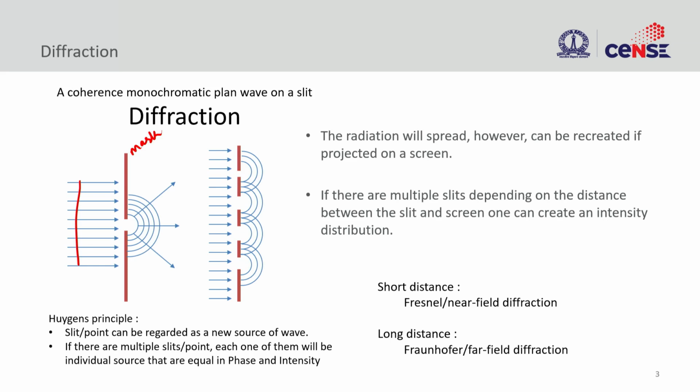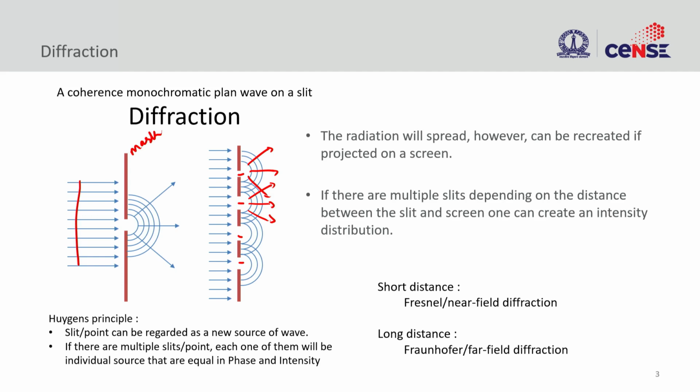Then you have another type of mask that has periodic openings. Again we can go back to the Huygens principle: each opening acts as an independent source and gives out spherical wavefronts, which spread in different directions. As they propagate, they also interfere with each other. This is the basic principle of diffraction from a single slit and multi-slit.